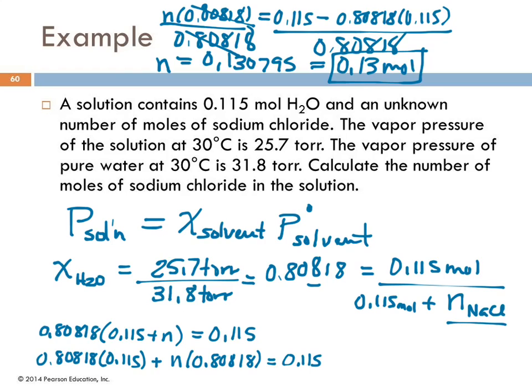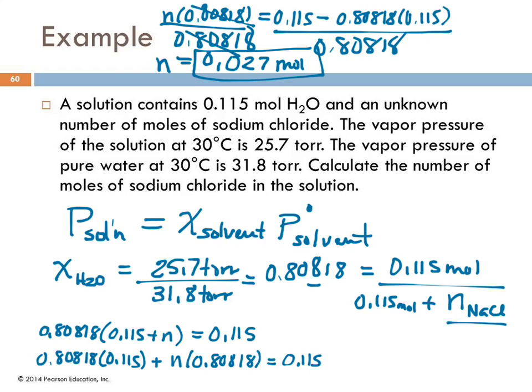Rewind. 0.27. With two sig figs, that's it right there. Moles. Questions?